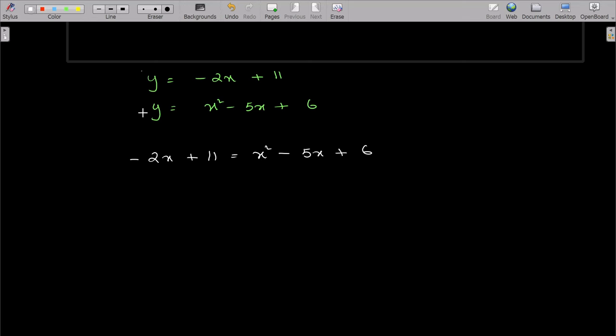So we get x squared minus 5x plus 2x, since I brought negative 2x to the other side, then plus 6 minus 11 is equal to 0. So we get x squared minus 3x minus 5 is equal to 0. This is our new quadratic equation.